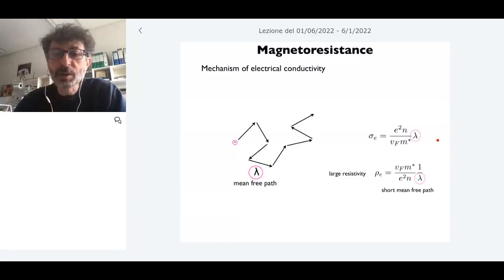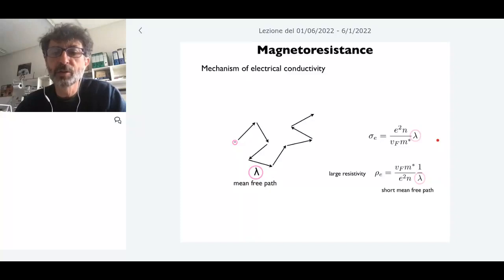This is important to say because now, if we want to investigate the influence of a magnetic field, or rather magnetization, we will have to understand where this magnetic effect goes, if it goes into lambda or if it goes into the intrinsic parameters. And we already expect that lambda is most probably the most affected parameter.